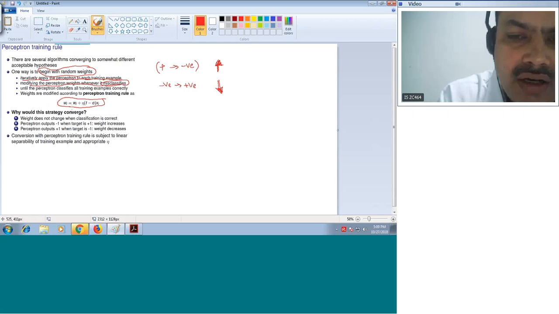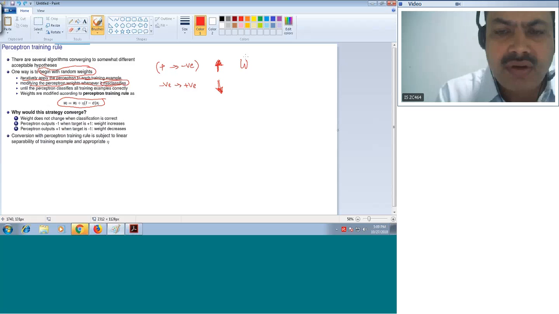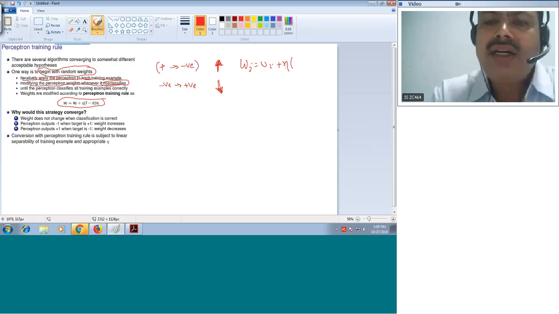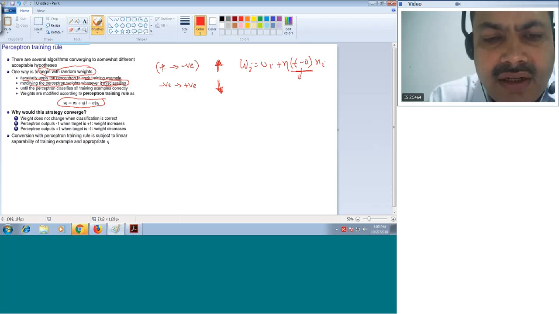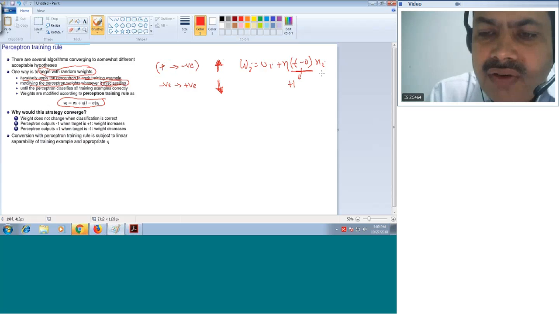So see this formula: Wi is equal to Wi plus eta times, eta is a small constant, target minus output, into xi. And here you need to only consider this term. What is target minus output? The target should be positive, so +1 is the target. But the output is negative, meaning -1 is the output. So target minus output becomes 2.